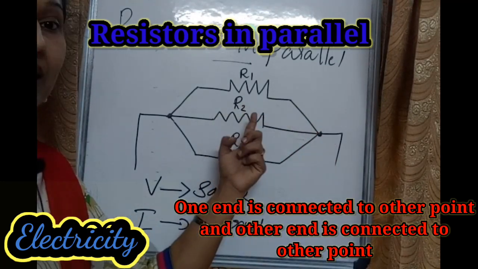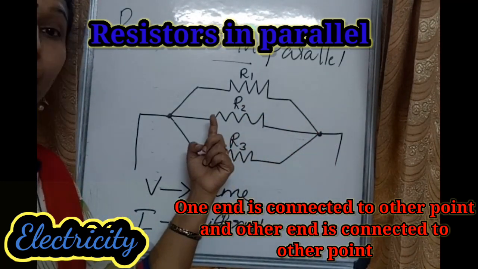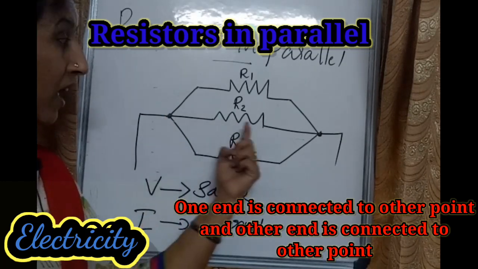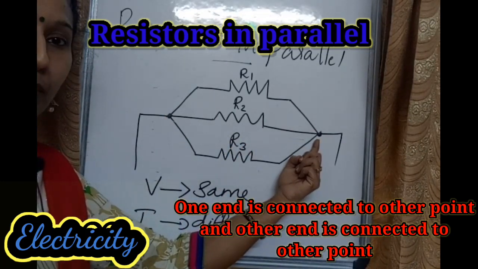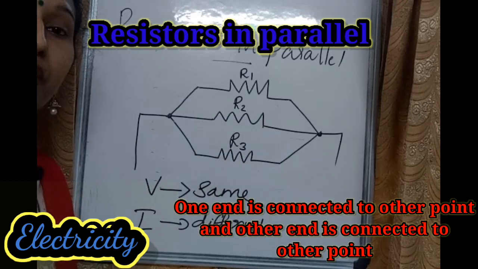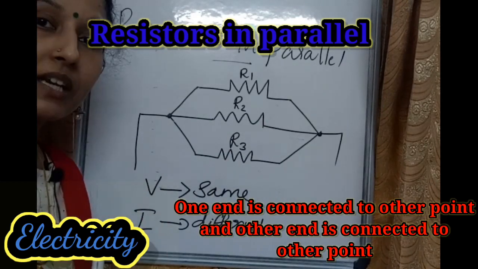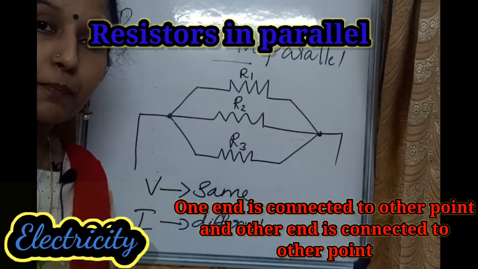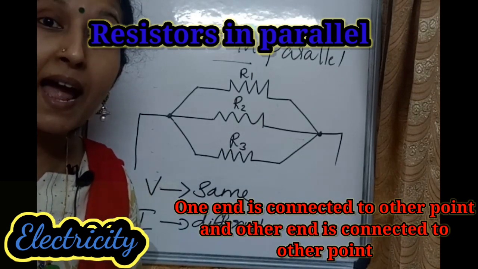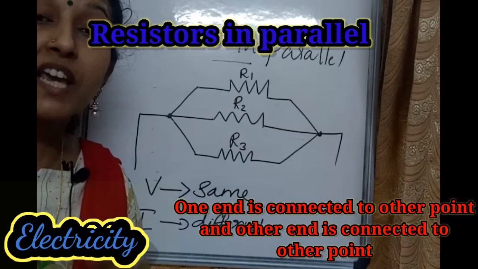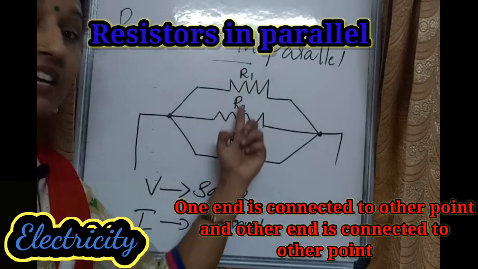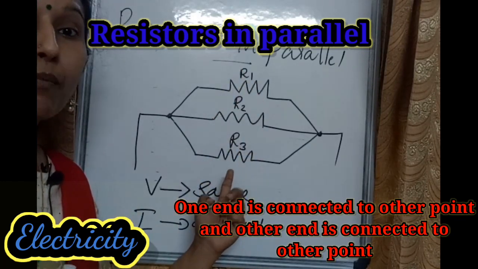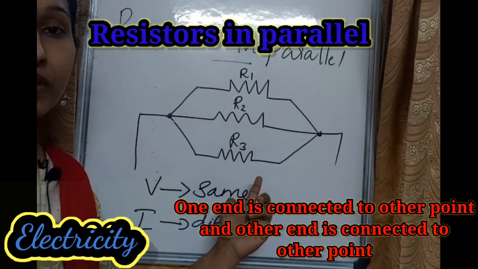You can see in the three resistors also, one end is connected to one point and the other end is connected to another point, so that the potential difference across each resistor is same or equal.